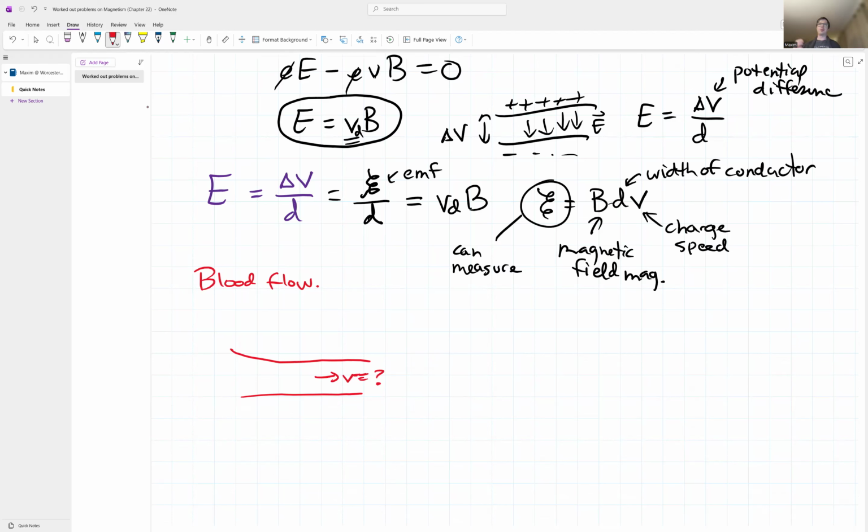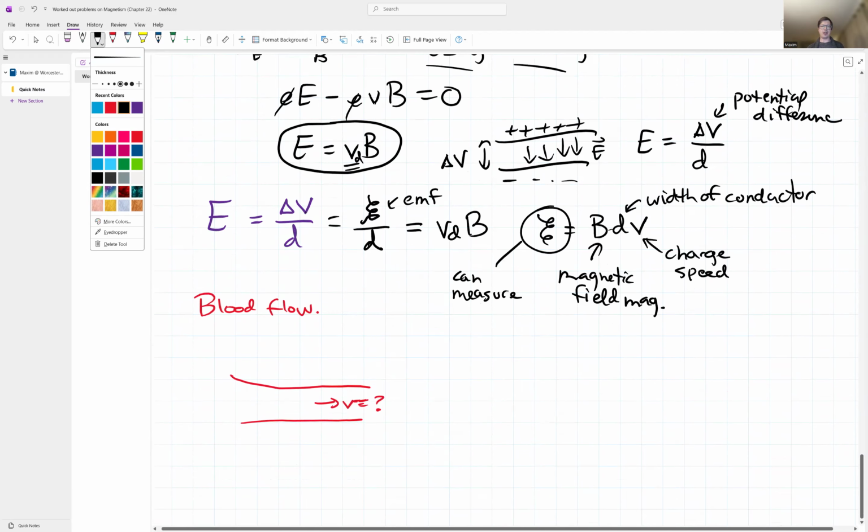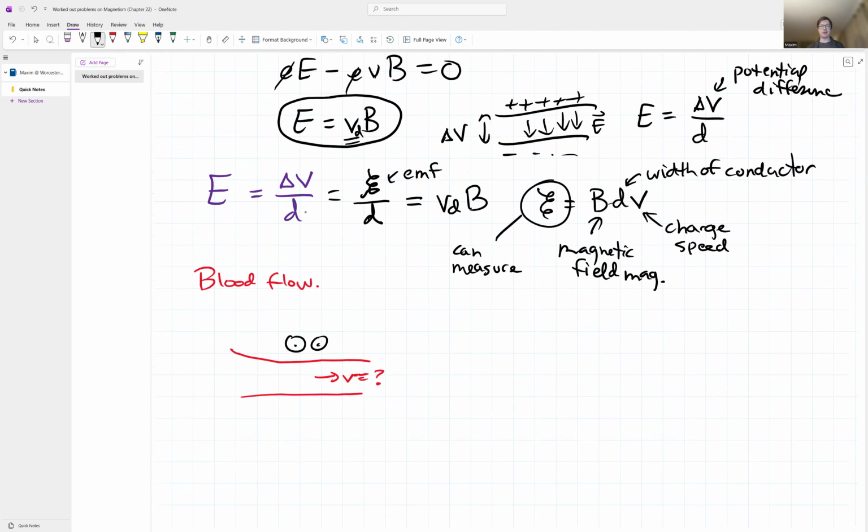And what you do is you put the blood vessel in a magnetic field. You apply a B field to it, say out of the board. We can make it the same setup as this. So say you apply a B field that's out of the board. This is our B field.